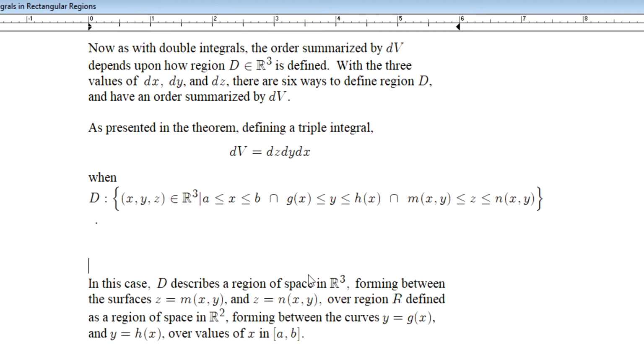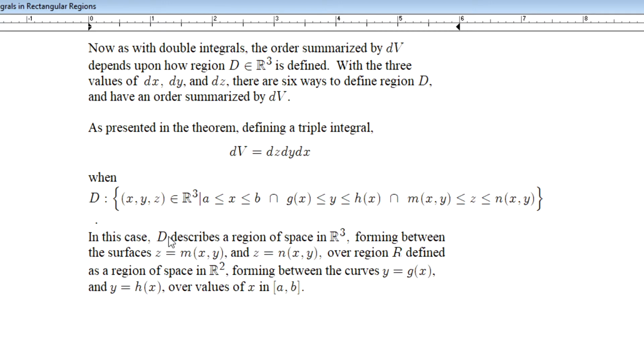What we should point out in our understanding here is that in this case, D is a region of space in 3 dimensions.